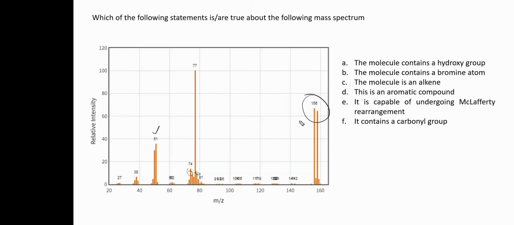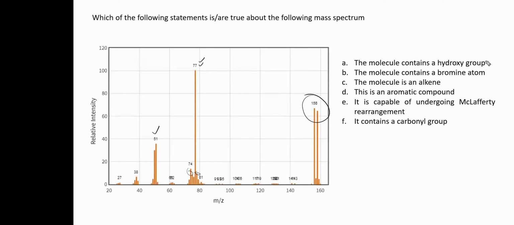Look at that end of the spectrum. So here you see 2 isotopic peaks. That is a classic sign for a specific group in a molecule. And then you see a 77. Based on these 2 pieces of information, try to answer this question. Which of the following statements is or are true about the mass spectrum?